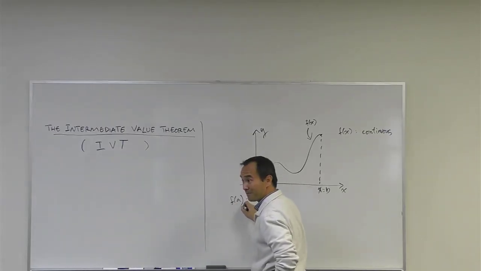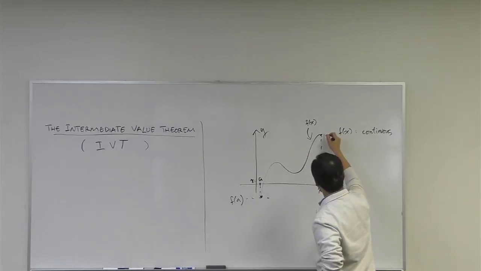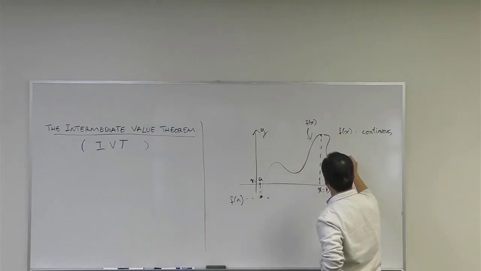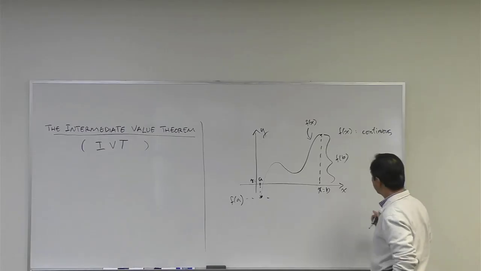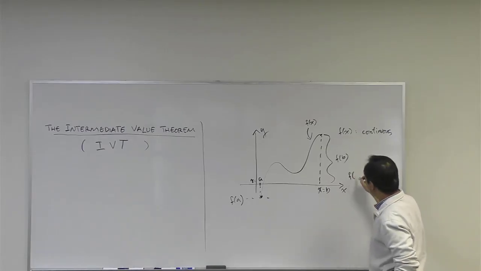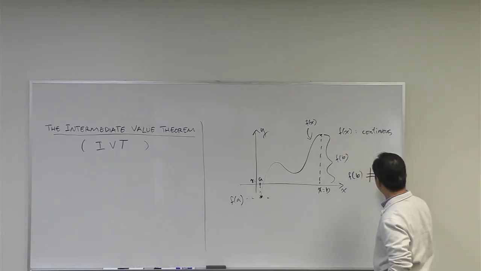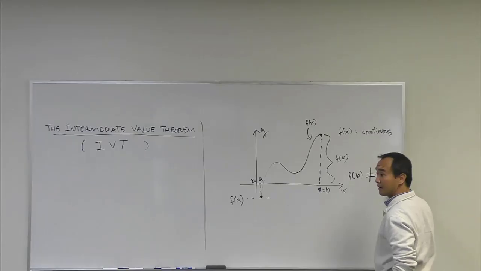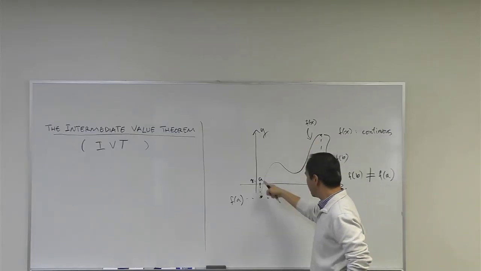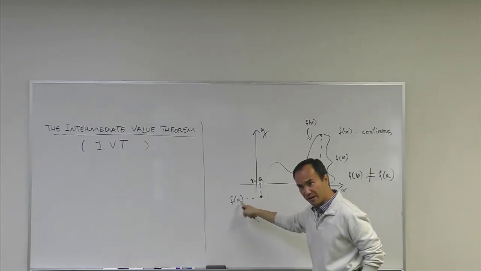And then this other vertical value right here, that's f of b. What I notice is that the function value at b, this height right here, is different. I drew it in a way that the ending point is different from the starting point. The output of your function at b is different from the output of your function at a.